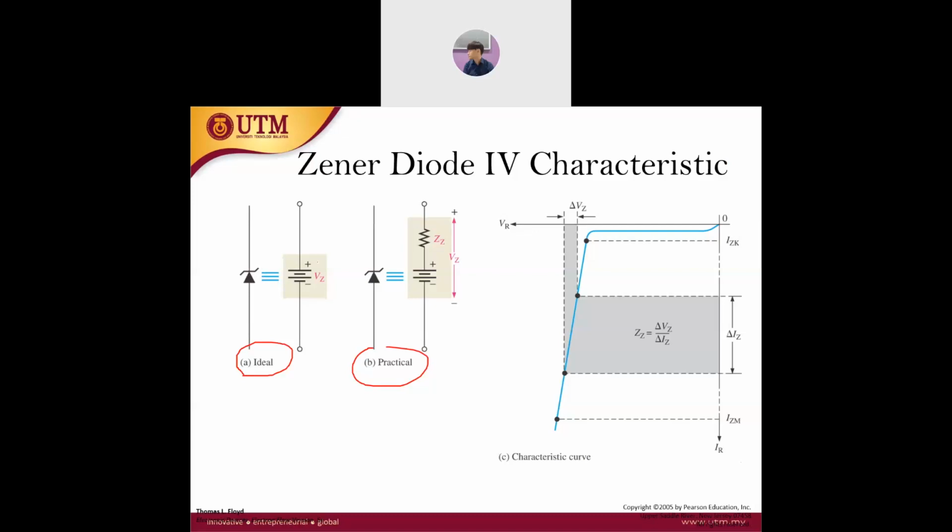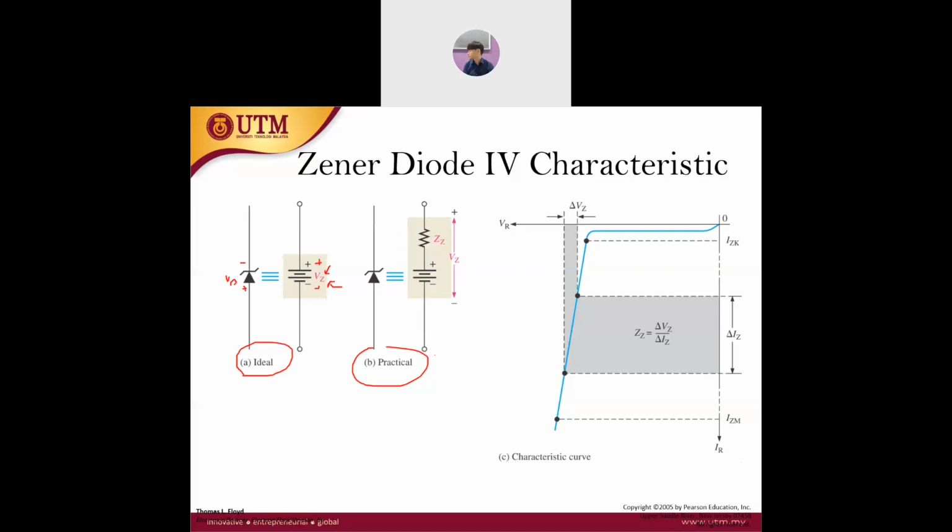So this is your positive and negative Zener voltage. Please take note that because it operates in the breakdown region, we have opposite polarity than the regular diode. If it's a regular diode, this one is positive and negative, which is the VD. But for the Zener voltage VZ, because of the breakdown region, the polarity is opposite.